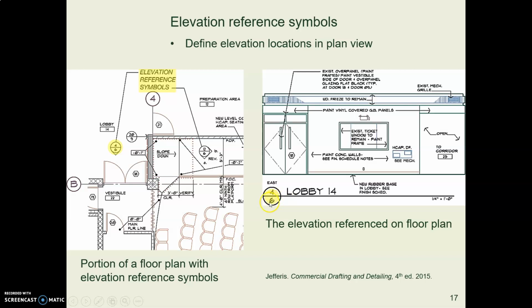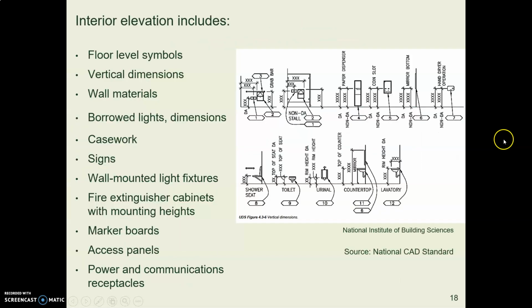That's a bad way to do sheet numbering, isn't it? It should be A-306 or something like that. But never mind that. And so you're seeing here's an exterior elevation 4-6. And here is a view of what that looks like. There's the entry door, there's the ticket window, and so on and so forth.